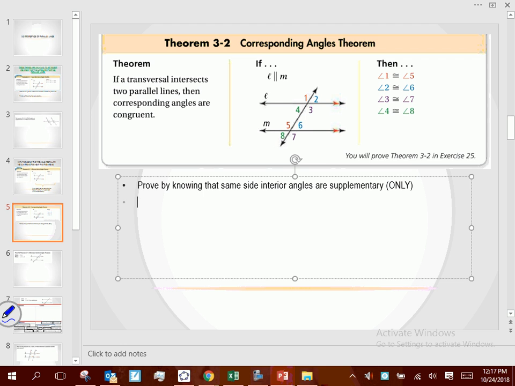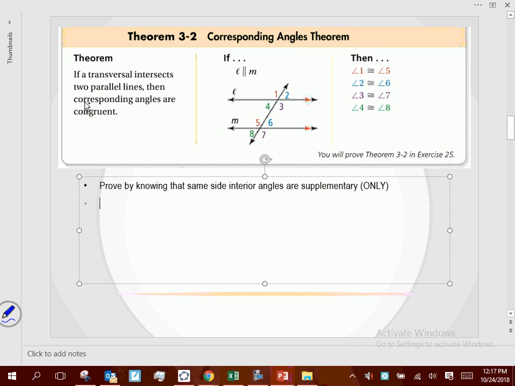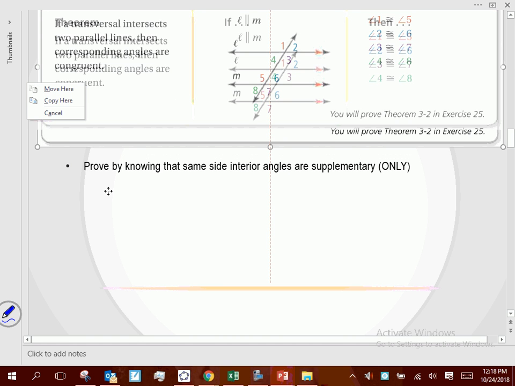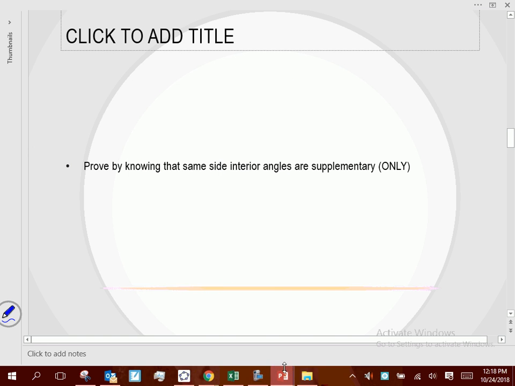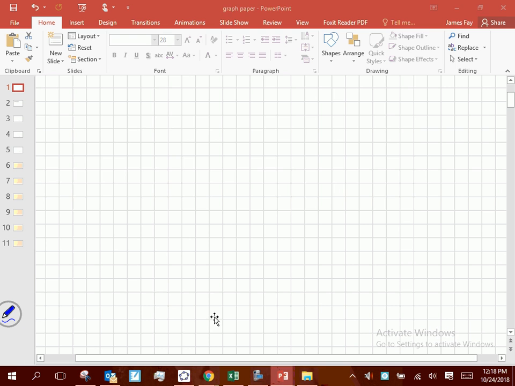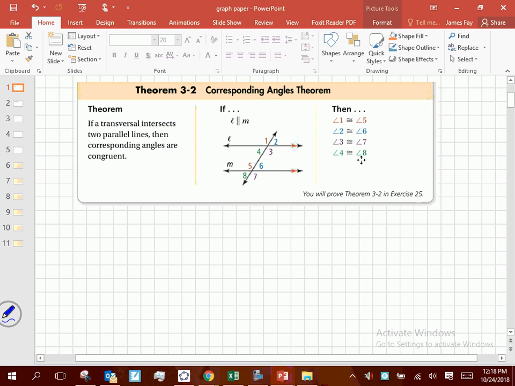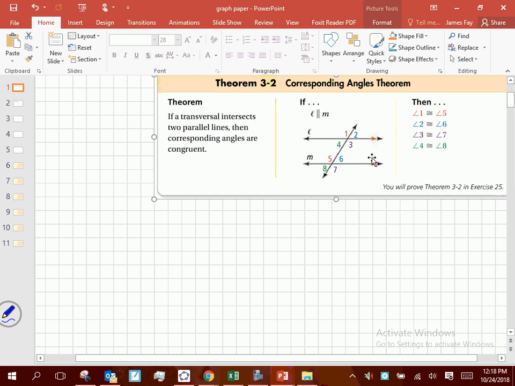Now, as we prove this, we're going to write down the given and the prove statement by ourselves here. Let me go through different slides in this PowerPoint. We are trying to prove this theorem.